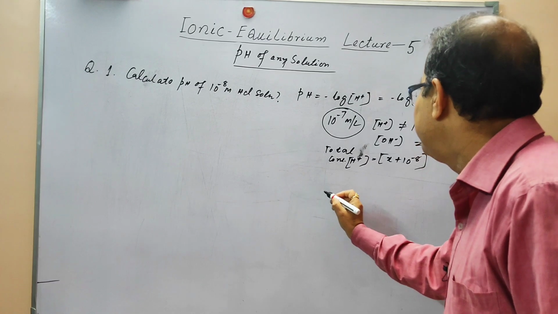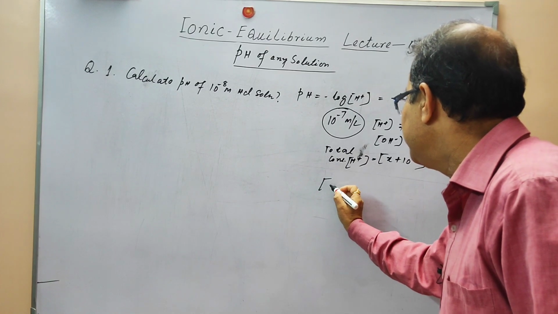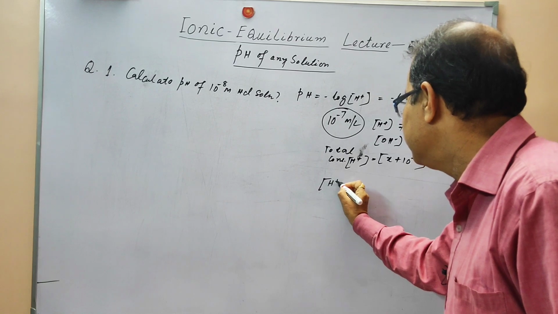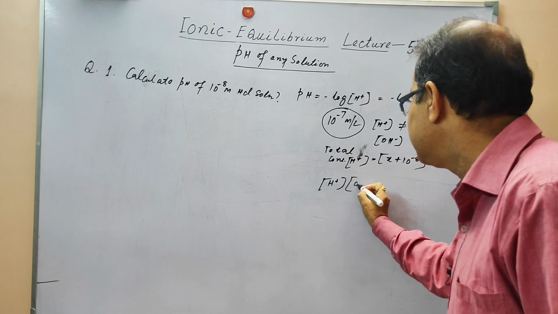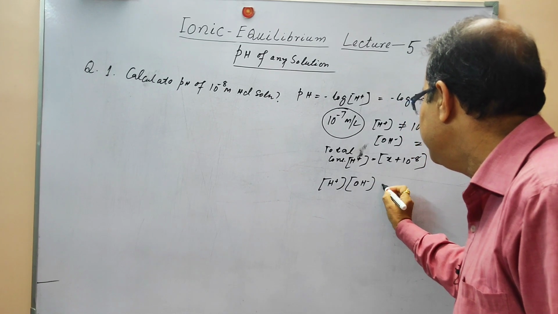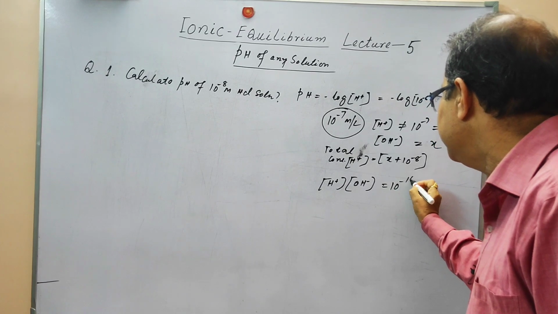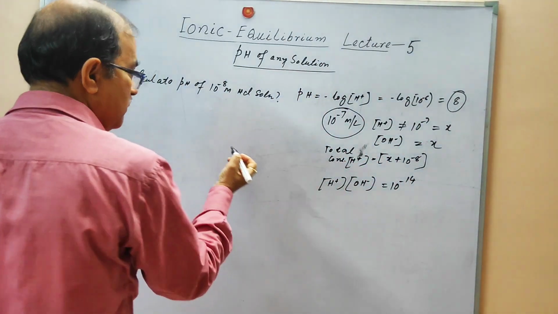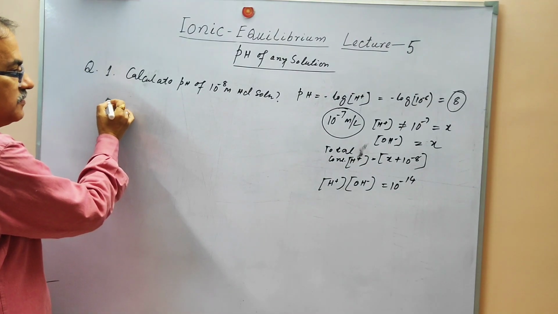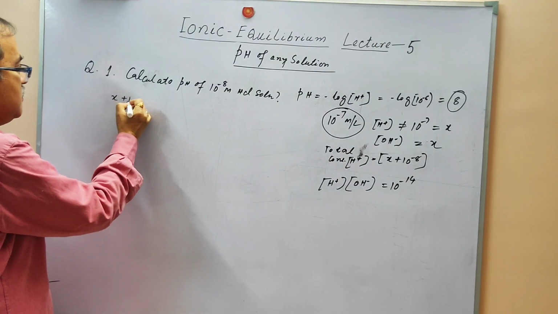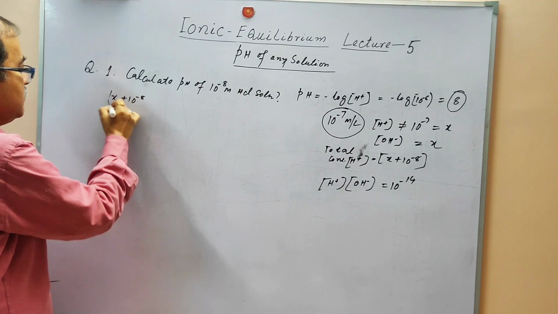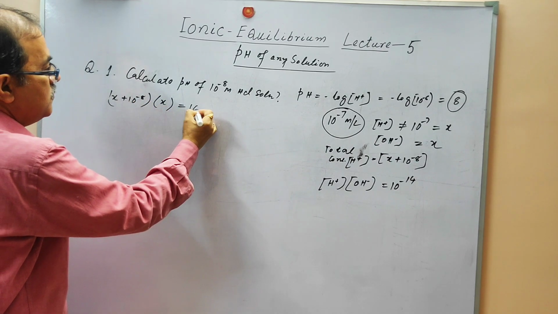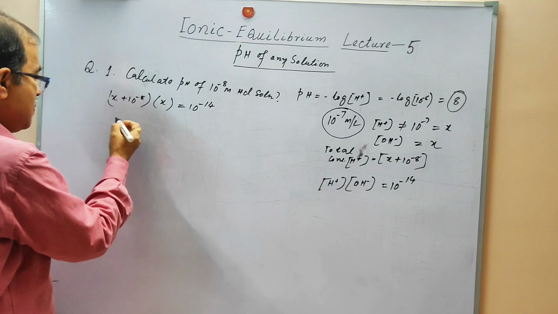So now we put this equation, that we know the ionic product of water: H plus ion concentration times OH minus ion concentration will be 10 to the power minus 14. Okay, and in this equation we put X plus 10 to the power minus 8, into X, is equal to 10 to the power minus 14.